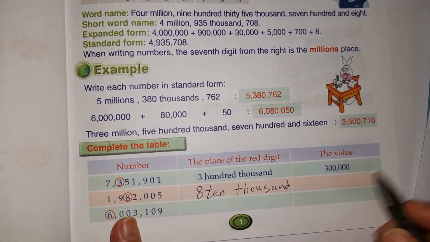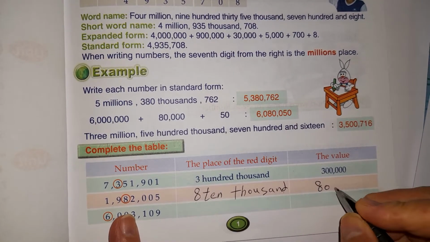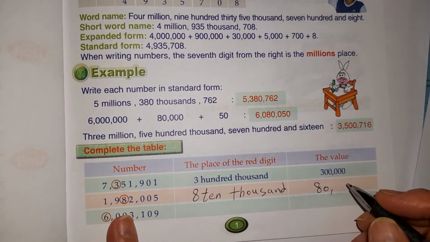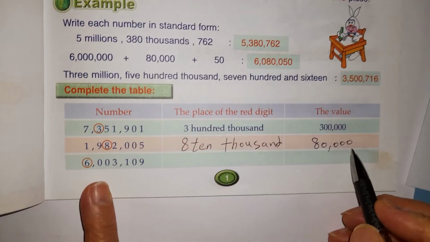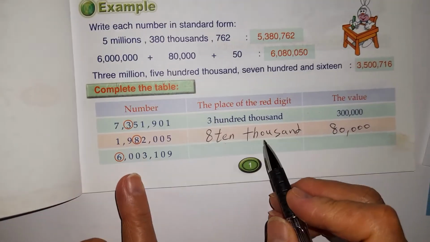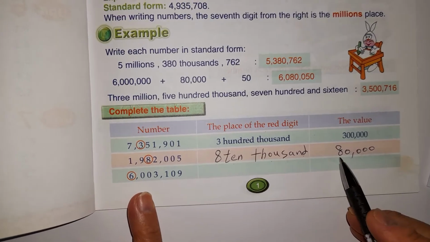Now, what is the value of this digit? It is 8, only 4 zeros. It is 80,000. The value of the 8 in the 10,000 place is 80,000.